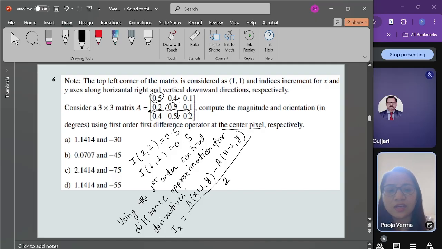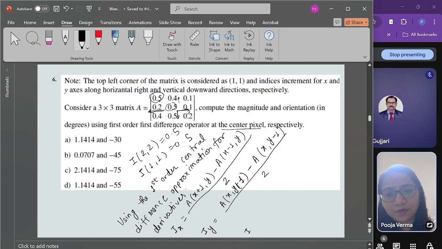Because we have to calculate the magnitude, that's why we divide by 2. Otherwise, if we want to calculate only the gradient or first order difference, it is not divided by 2. Similarly for y, it is A(x,y+1) minus A(x,y-1), divided by 2.